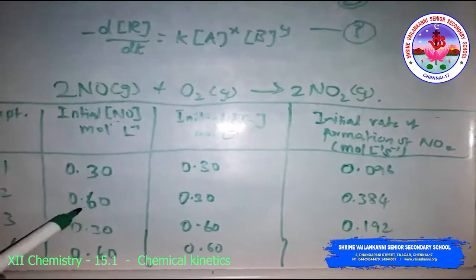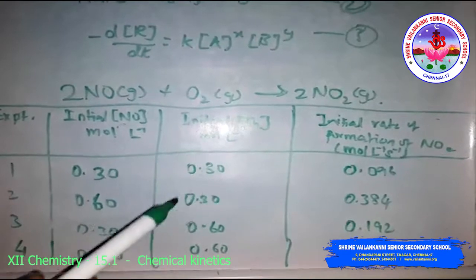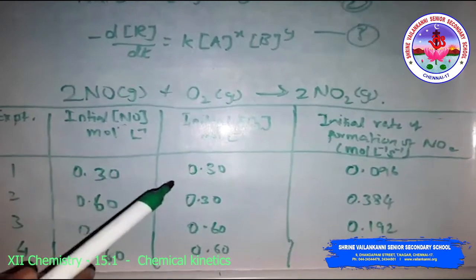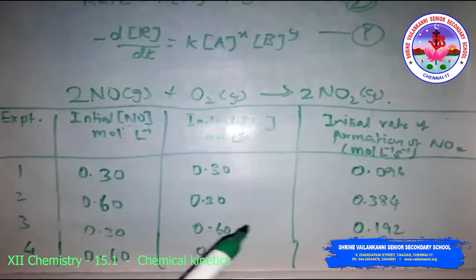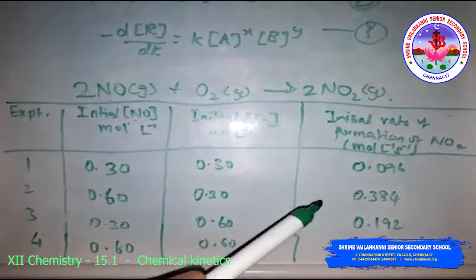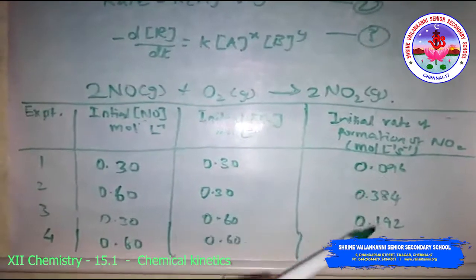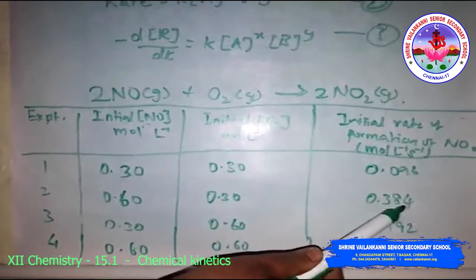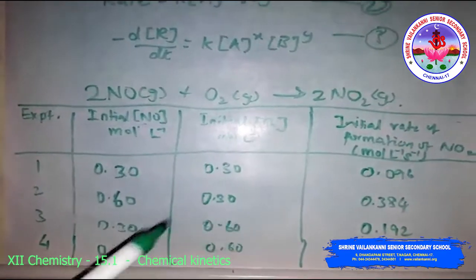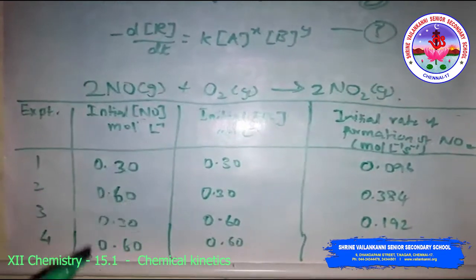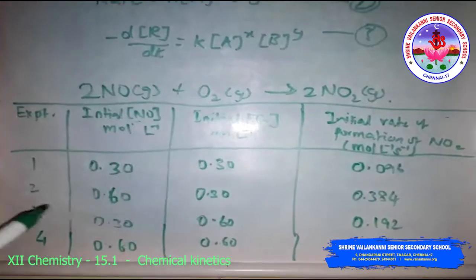Here NO is doubled to 0.60, and O2 remains constant at 0.30. The initial rate increases by a factor of 4, from 0.096 to 0.384 mole per liter per second. So this indicates that the rate depends upon the square of the concentration of nitrogen monoxide.